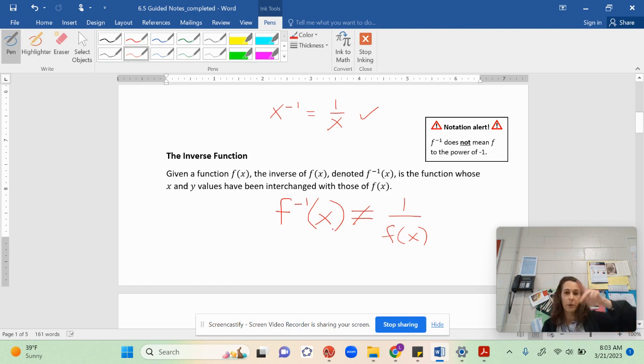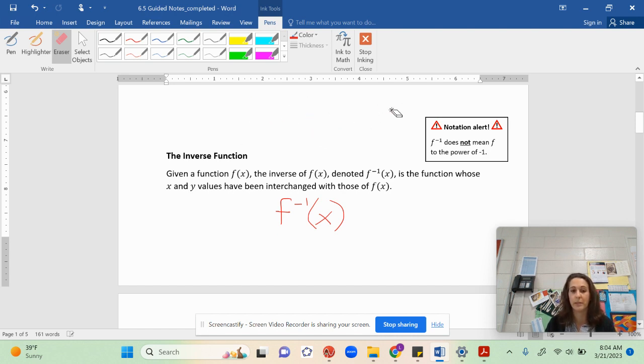It doesn't mean the reciprocal. It means an inverse. If you have a plain variable raised to a negative 1 power, that does mean the reciprocal, but not with this function notation. So do not mix that up as this unit goes on or as your future math career goes on.